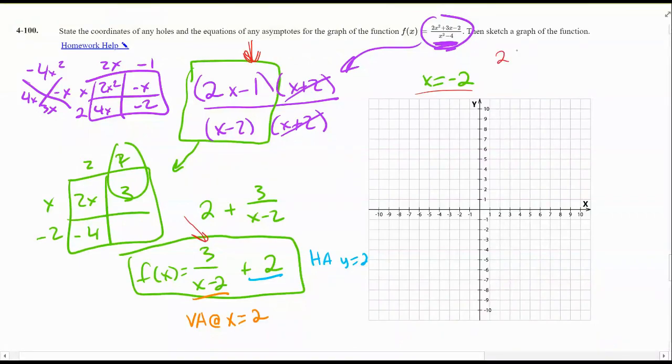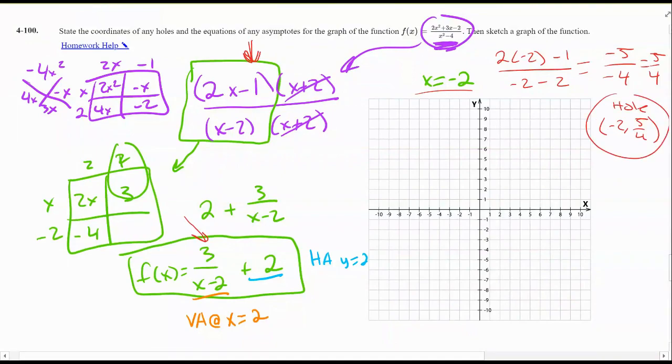So I'm going to get 2 times negative 2 minus 1 over negative 2 minus 2, which gives me negative 4 minus 1, which is negative 5, over negative 4, which is really just 5/4. So positive 5/4. My coordinate here is negative 2, positive 5/4, and that's my hole.